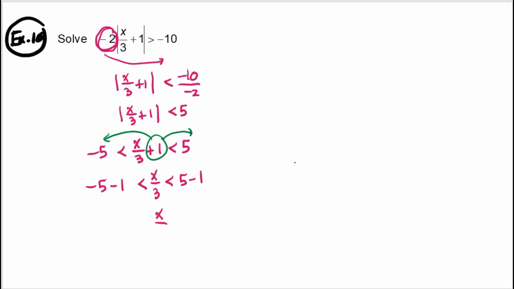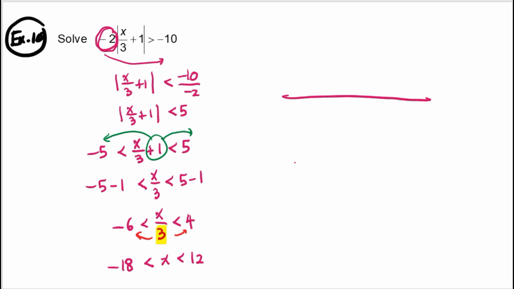Therefore we have x over 3 between 4 and negative 6. Multiplying by 3 on all sides, because 3 is a positive number, the symbol does not change. Therefore we have x between 12 and negative 18. So we have our real number line, which is something like this. Okay, we got this one.